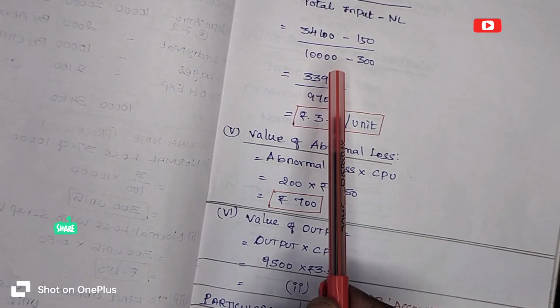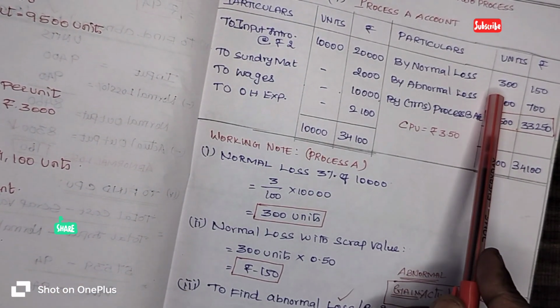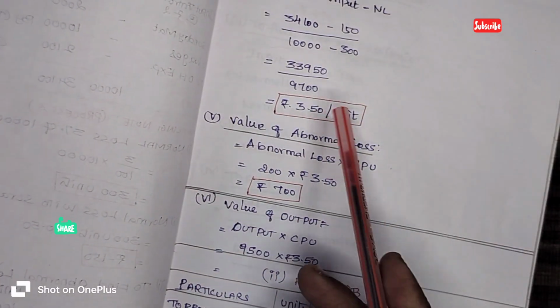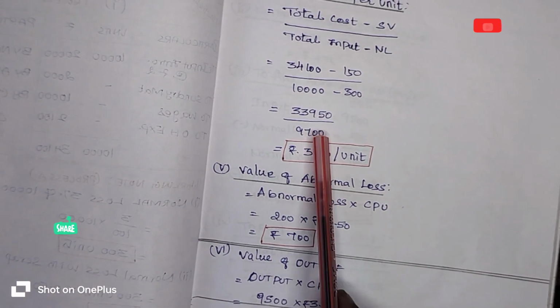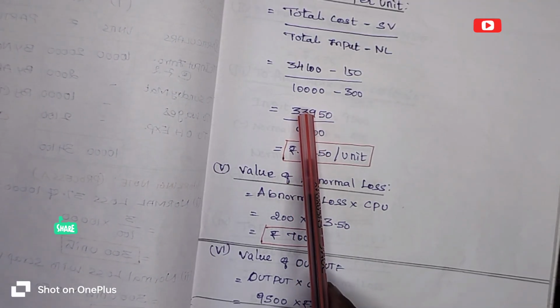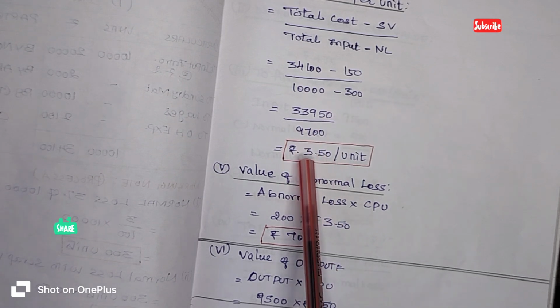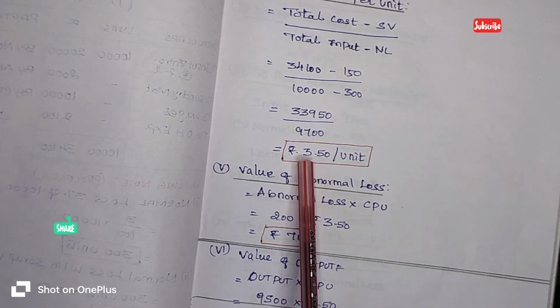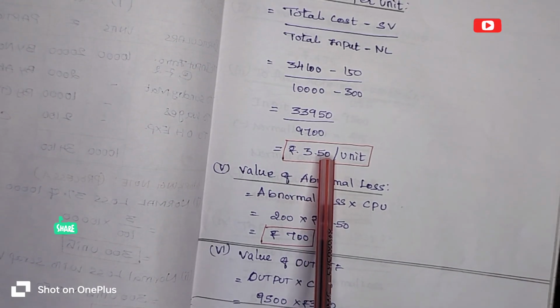Then total input 10,000 minus the normal loss 300 gives 9,700 units. Then divide the net cost 33,950 by 9,700. After dividing you will get 3.50, that means 3 rupees 50 paise cost per unit.